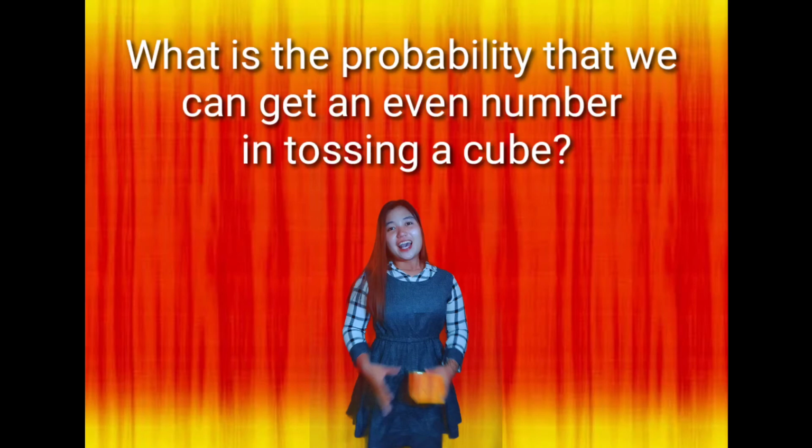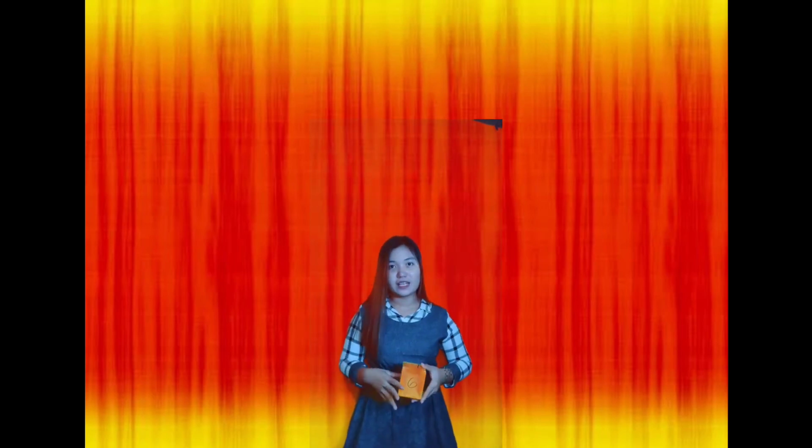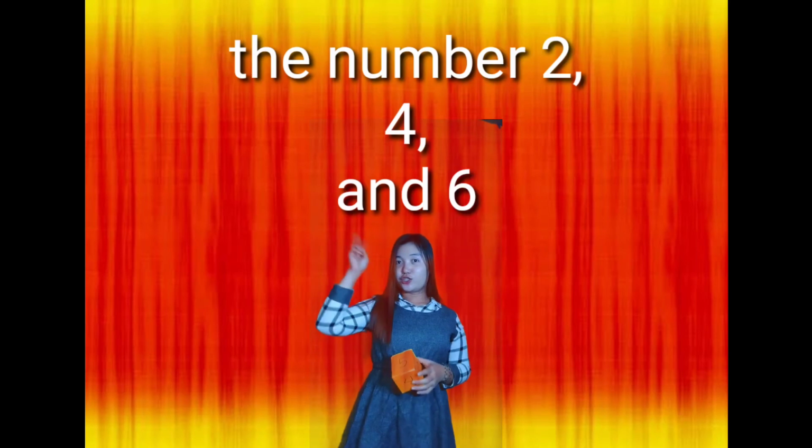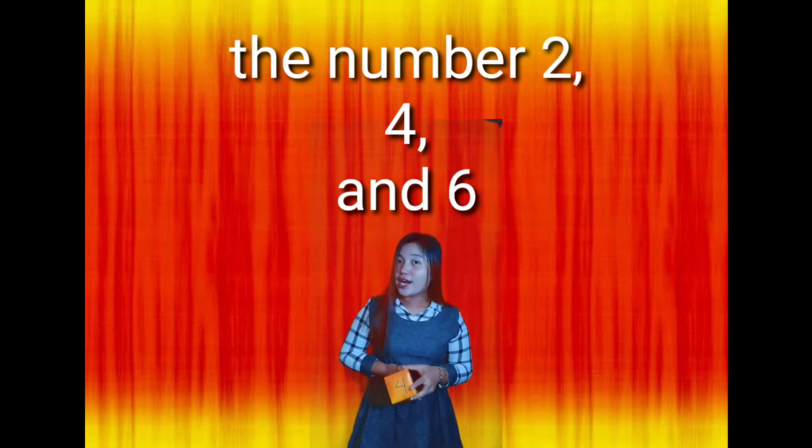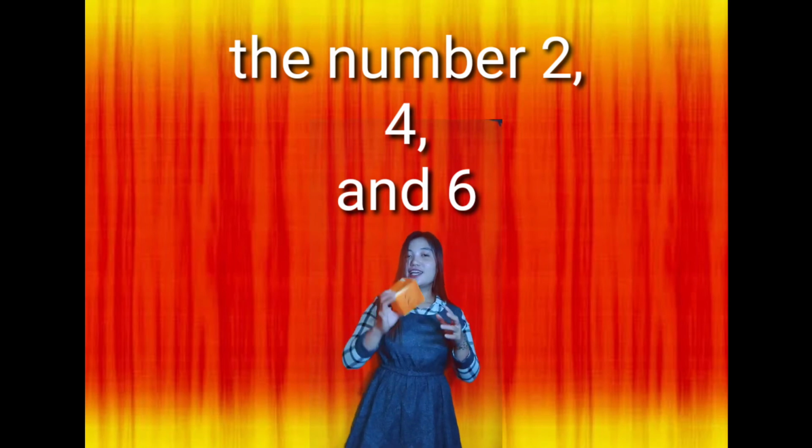Another example for a cube: what is the probability of getting an even number if we toss this cube? Yes, there are three possible numbers that we can get on this cube: the numbers 2, 4, and 6.